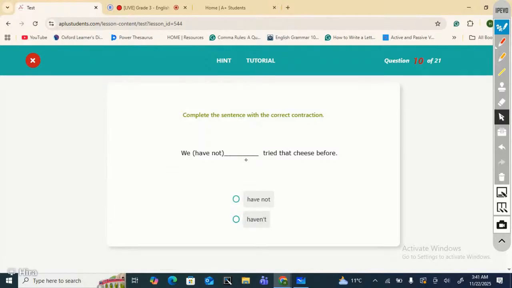Yes, it's option two, haven't. Have not becomes haven't.